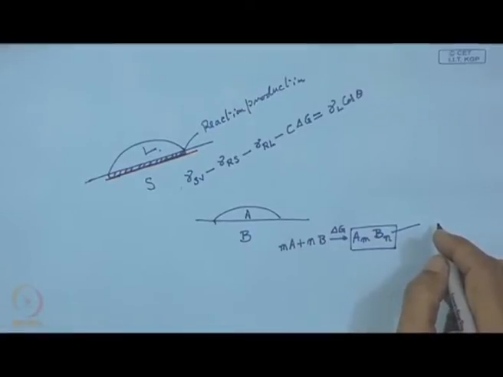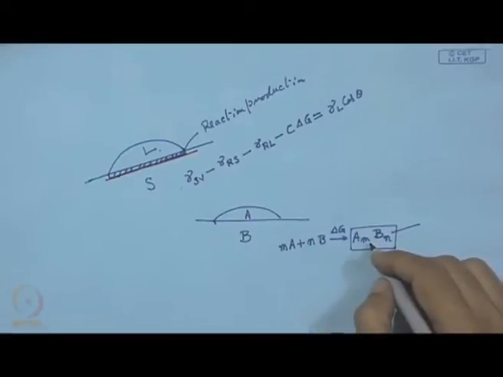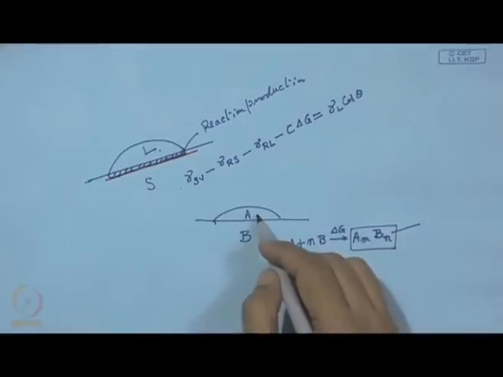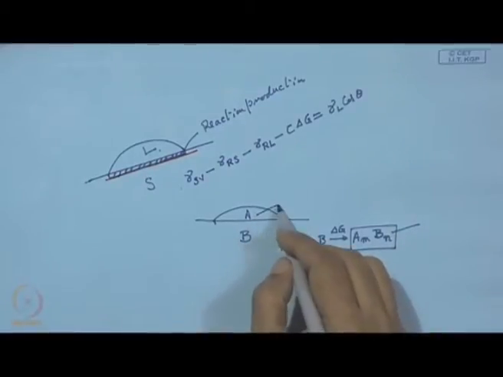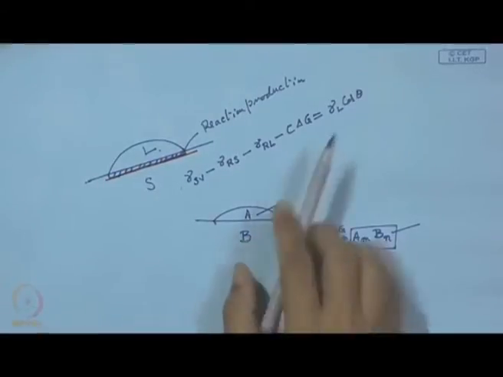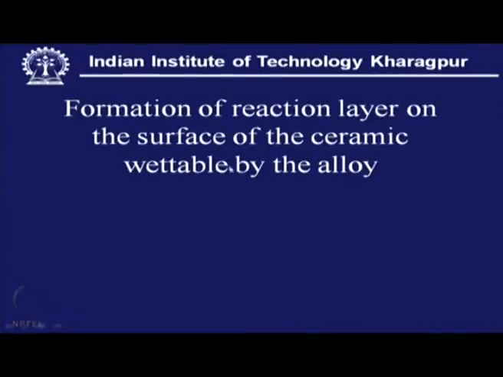So, it can be safely said that this reaction is not the sufficient condition, it is one of the necessary conditions, but the sufficient condition would be that the reaction product should be wettable by this parent metal A, which is in the liquid state. That is why we emphasize and give stress on this term, the formation of a reaction layer wettable by the parent alloy.